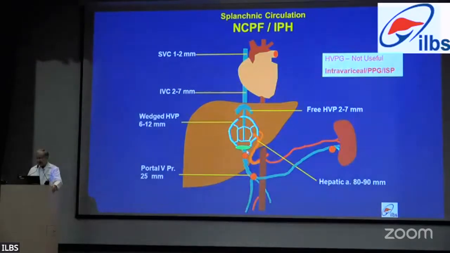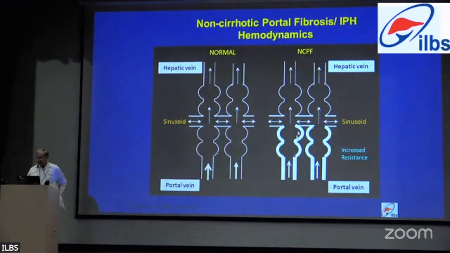So everything is before the sinusoid. This is pre-sinusoidal. If you measure the intravariceal pressure, or what we do here is direct portal vein pressure, or you measure in the spleen, the pressure is high. HVPG therefore is not useful. The gradient is lower.